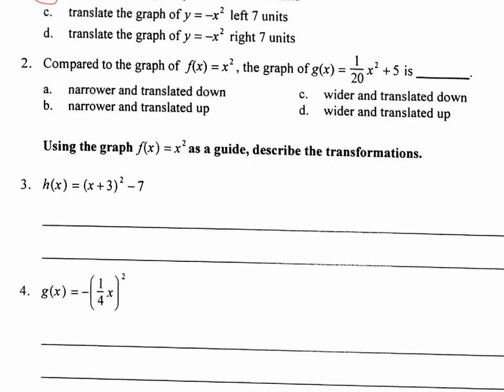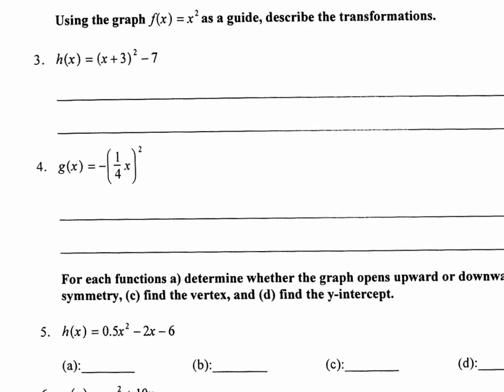If you had 1/20th of a tank of gas, you're about to run out of gas. So 1/20th is really small, which is a totally wide parabola, right? So that causes it to be wider than the original parent graph. And then the plus 5 means it gets translated up. So D is wider and translated up. Let's move on to the next one over here.